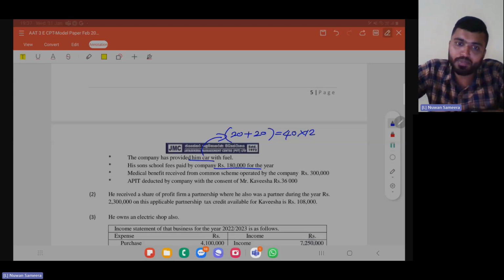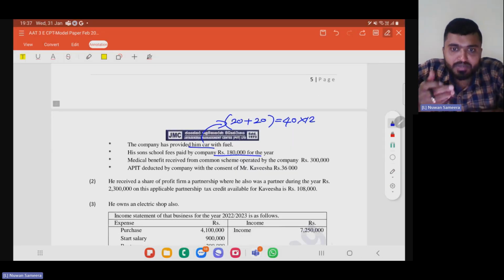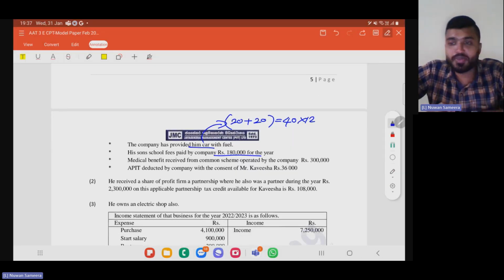Therefore, this 180,000 is received because of the employment. If something is received in respect of the employment, that should be taken as employment income.